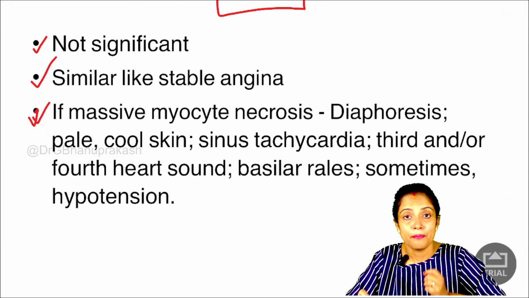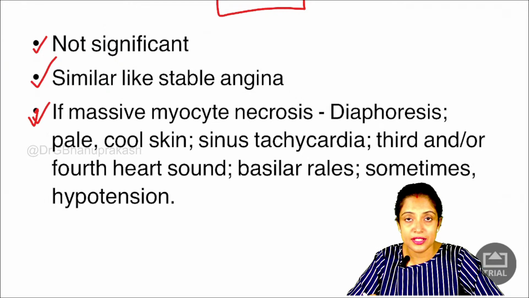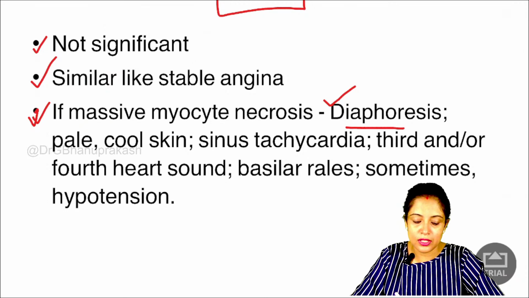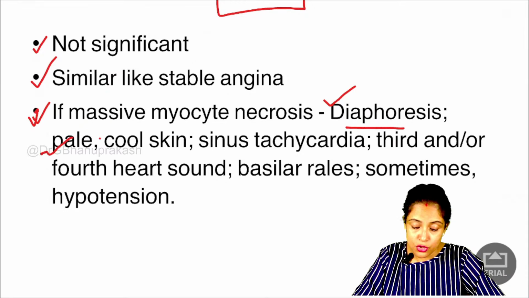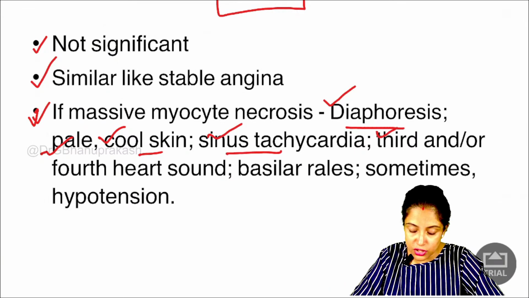If myocardial infarction involves a very large area, if there is massive myocyte necrosis, then some other associated findings will be diaphoresis, increased sweating in the patient. The patient will look pale, the extremities will become cool, the patient may have sinus tachycardia, and a third or fourth heart sound, as I have mentioned.